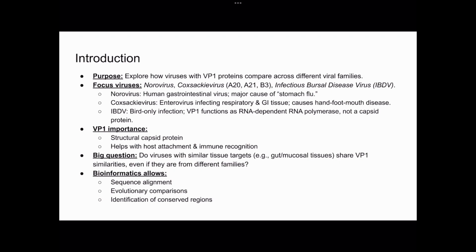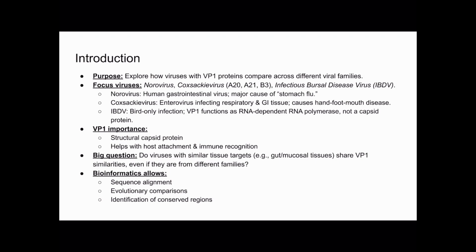The norovirus is a human gastrointestinal virus, a major cause of stomach flu. Coxsackie virus is an enterovirus infecting respiratory and GI tissue, and causes hand-foot-mouth disease. The IBDV is a bird-only infection.